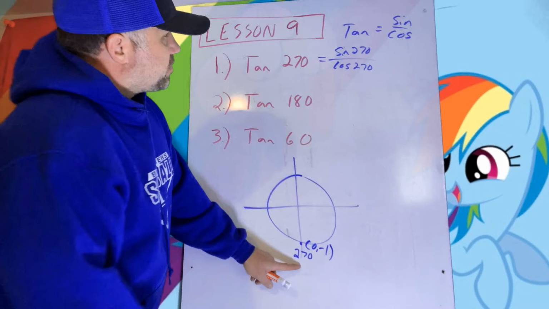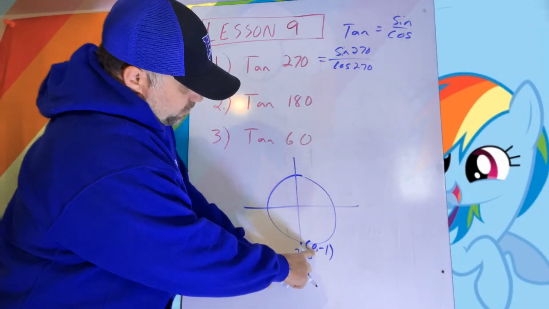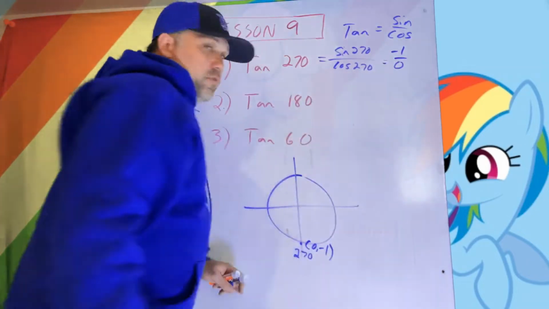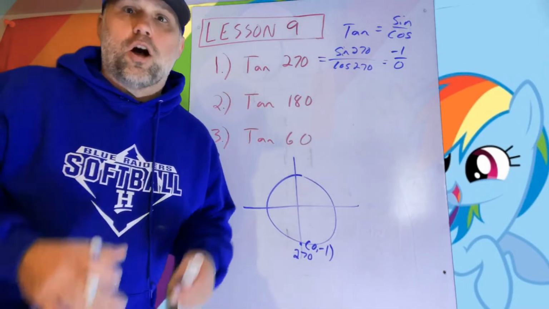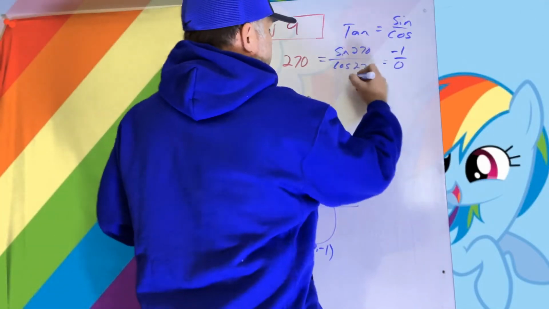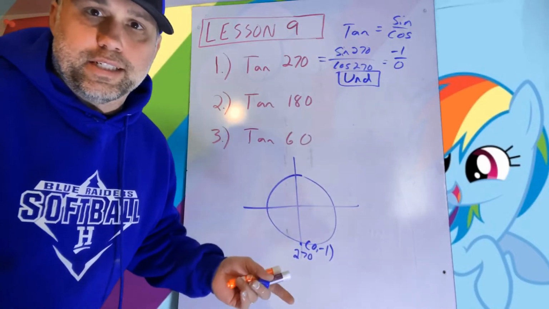So the sine of 270 is your y value, which is -1. The cosine of 270 is 0. So this is going to be -1 over 0, which we call undefined. We can't divide by 0. So the answer to this first question is undefined. And I told you that you could abbreviate it UND if you'd like.